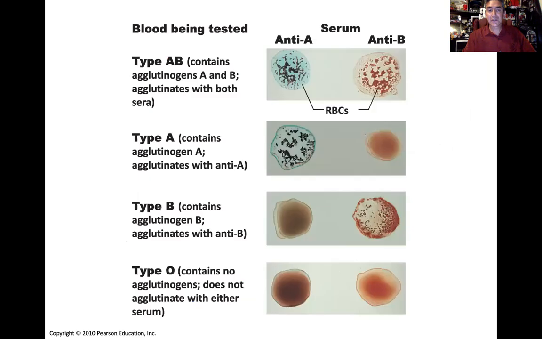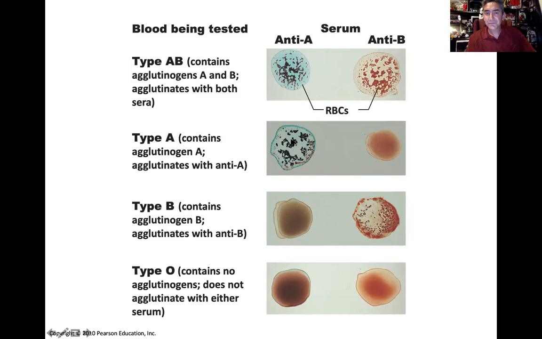So coming back here, let's say that we subject serum. If you're type A, and you subject anti-A, it's going to clot, and that's going to tell you, well, you're type A. If you subject type A blood to anti-B, it's not going to find anything, and it's not going to clump. It's not going to clot. When you see that little mess, that's showing you the clumping and the clotting.